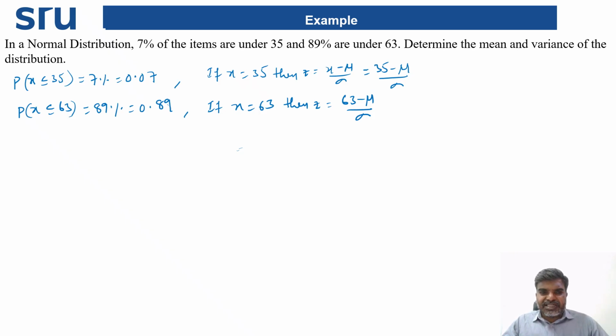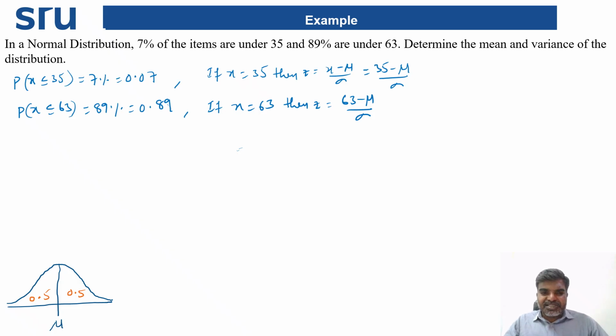See, given 7% under 35 and 89% under 63. Okay, we consider normal curve. Already you know, in the normal curve, the total area under this curve is 1. So this mean line divides the total area into two parts. Left side area 0.5 and right side area is also 0.5. Now in first case, given 7%, 7% means 0.07.